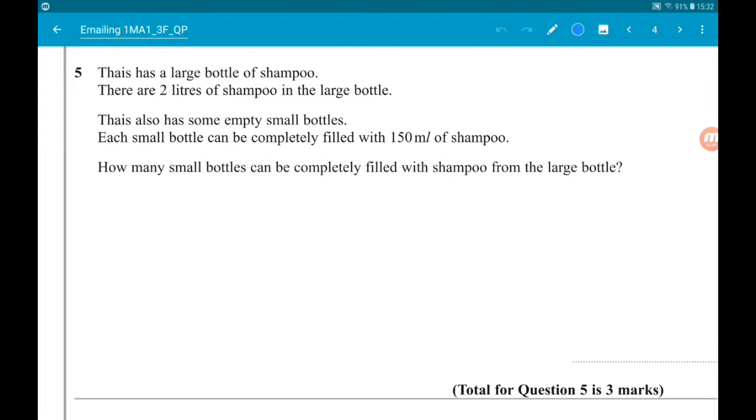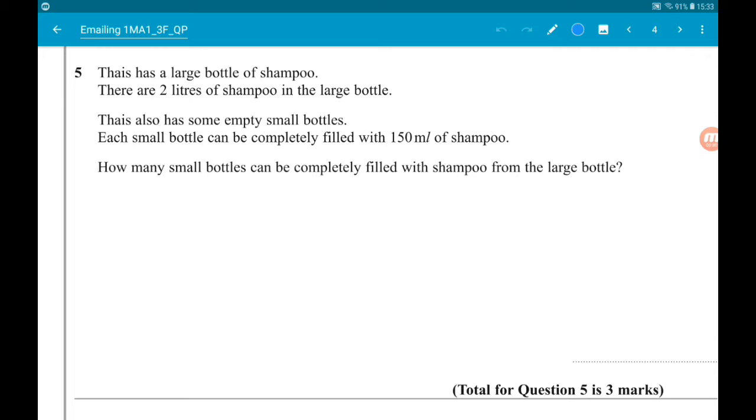Okay, number 5. This has a large bottle of shampoo. There are 2 litres of shampoo in the large bottle. There are also some empty small bottles. Each small bottle can be completely filled with 150 millilitres of shampoo.